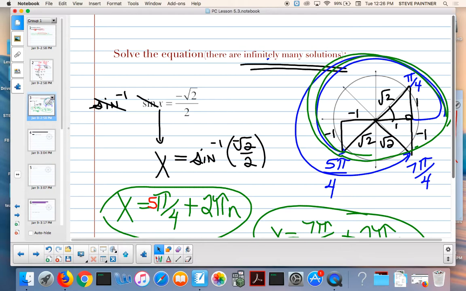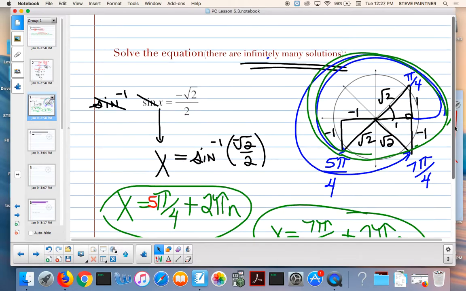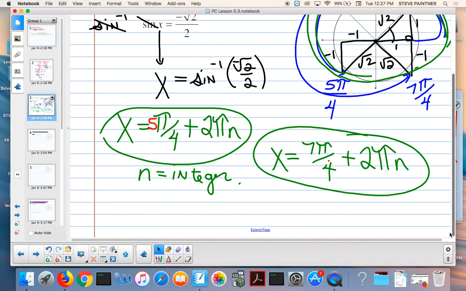That answer is 5/4 pi. Keep going. You hit it again right here. The answer is 7/4 pi. And see, if this curve just kept going, you'd hit it again here and here, over and over. That's why we keep putting the plus 2 pi in. You make a circle, you're right back on.